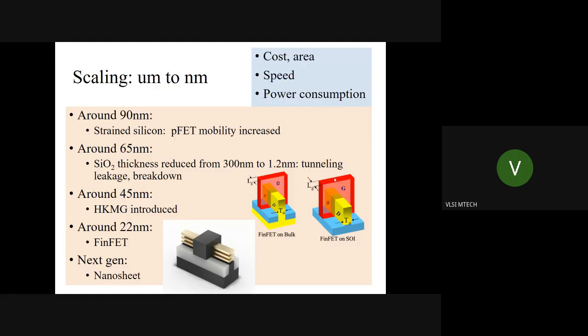So 10 nanometers is just 20 atoms. Now if you scale it further, you are not going to split the atom, right? So you are going to see a very discrete change if you go from 20 atoms to say 15 atoms. It will be a very drastic thing, as opposed to going from 90 nanometer to 65 nanometer, which wasn't that drastic.